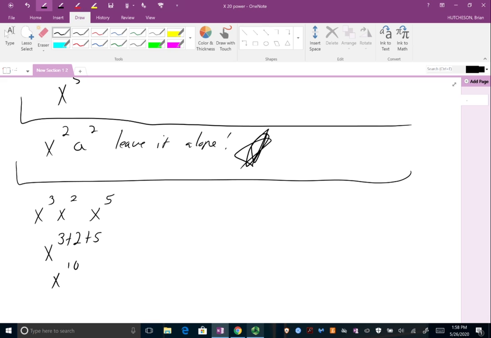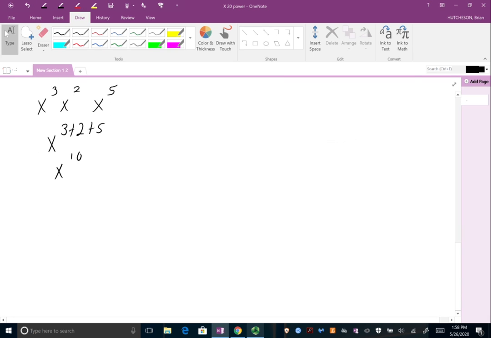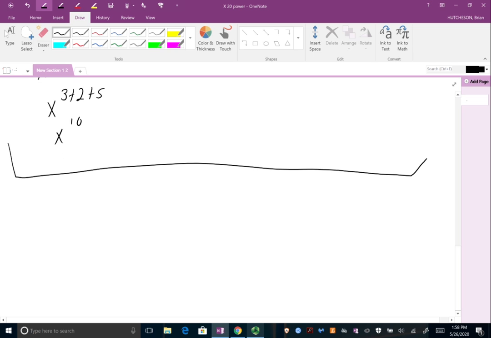Now if we have a product rule, shouldn't we have something with division? Well, we have the quotient rule. Quotient rule usually deals with divisions.